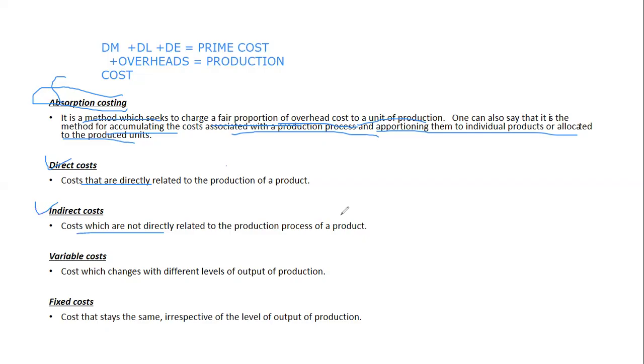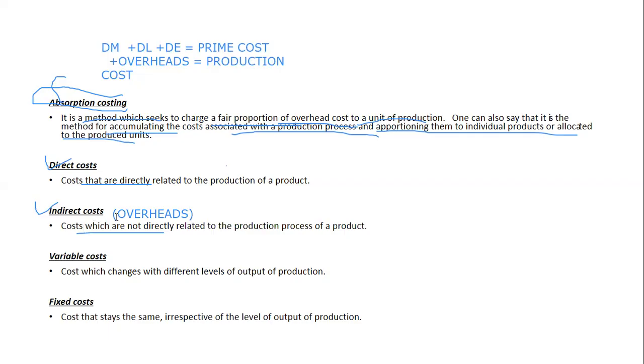We cannot directly trace rent to a specific product. Such a cost falls under the indirect cost. Now, these indirect costs are what we call overheads.